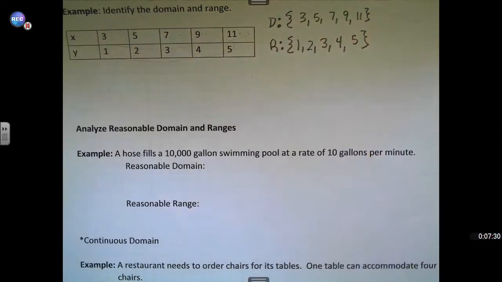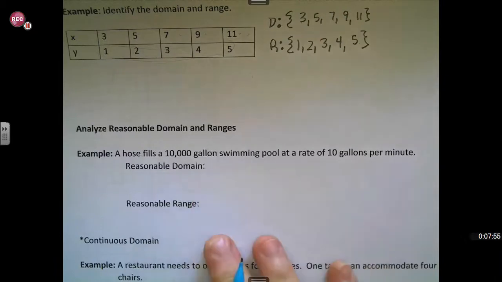And it doesn't go the other way. It doesn't make sense to say that the range, or the amount of water in the pool, determines how much time has passed. That doesn't make any sense, does it? It's how much time has passed that determines how much water's in the pool.